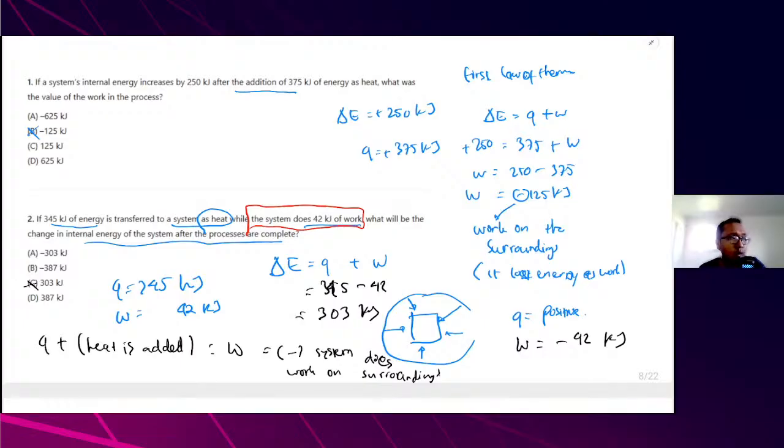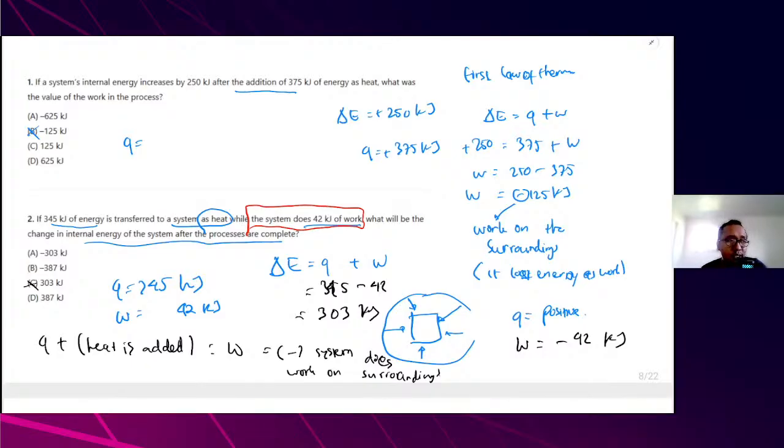Now let's talk about Q, how to make it more memorable. So for Q, just illustrate kind of like this.